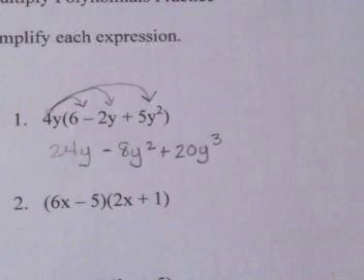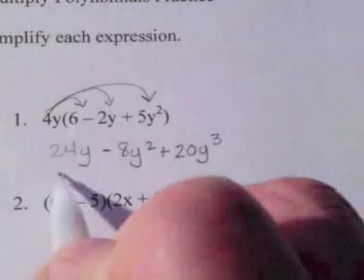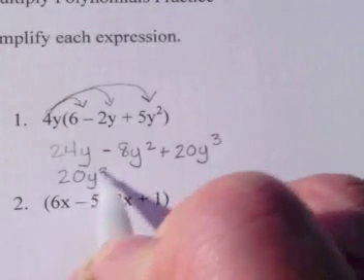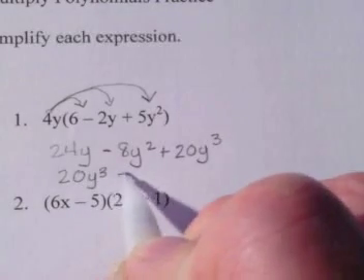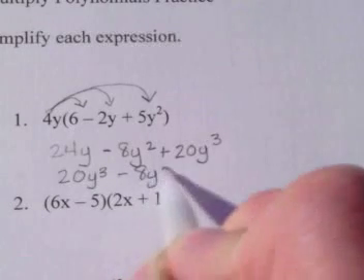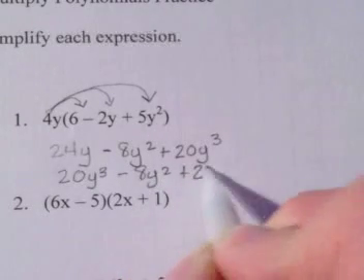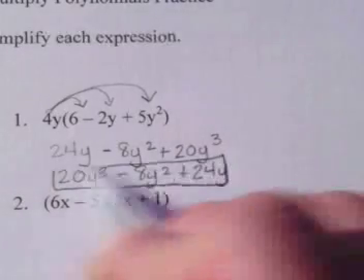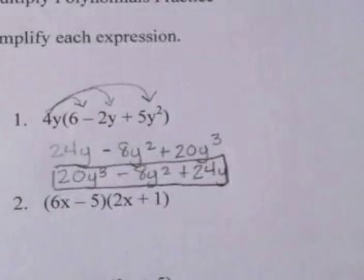So now I have my answer, but it's not in standard form. So I'm going to reorder the terms from the highest exponent to the lowest: 20y to the third, minus 8y squared, plus 24y. And I would state my answer to this multiplication problem just like that.